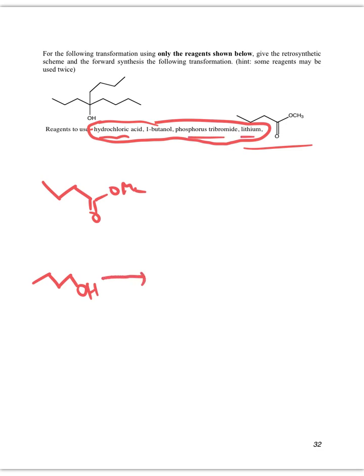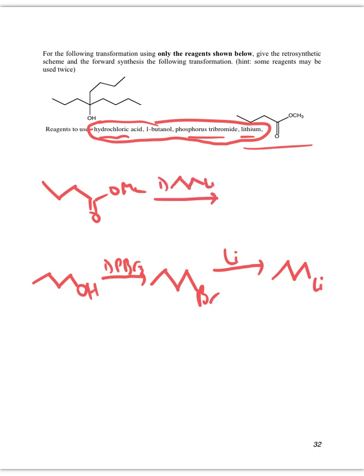Well, we can take 1-butanol and we can react it with PBr3, phosphorus tribromide, and we make the bromide. We can take that, add lithium metal, and we can make the alkyl lithium. The alkyl lithium, once we've made it, we can add to the ester, followed by a little bit of acid, and that would give us our desired product.